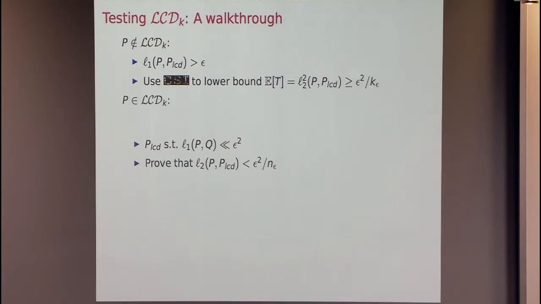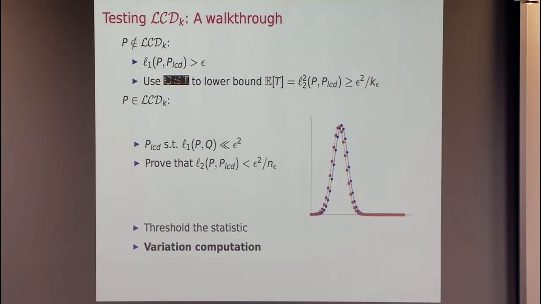So we can show that in fact, with a constant number of samples, the expected values of the test statistic start diverging. However, when we look at the variance, it can be shown that we require at least square root k over epsilon squared samples in order for concentration to take effect.